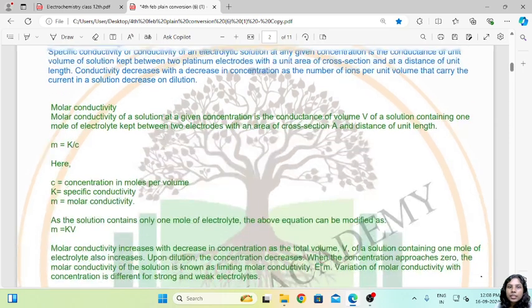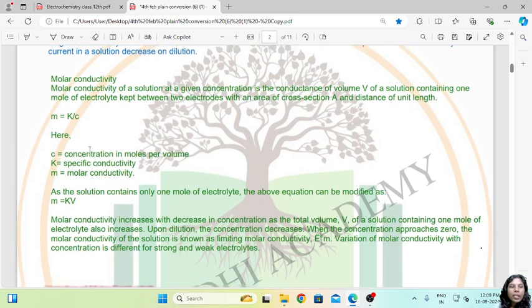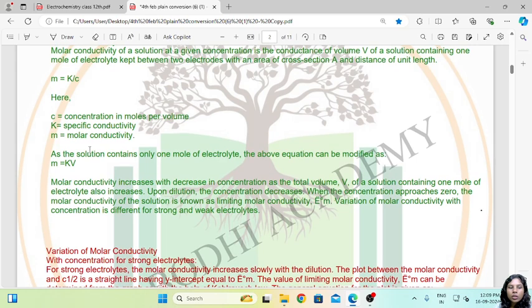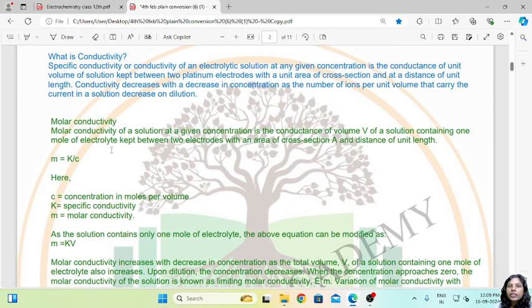In this case we only talk about 1 mole of electrolyte present in the given solution. So molar conductivity will decrease with increase in concentration.